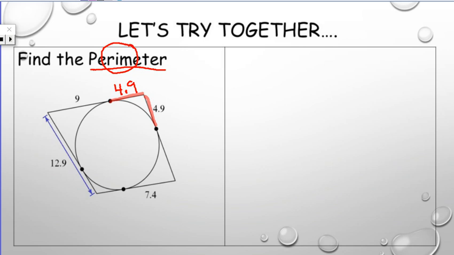All right, so I'm going to investigate the rest of these. I see this is another point of tangency, and this is another point of tangency. So if this piece right here is 9, then this side over here is also 9. So I got that little piece. I have another point of tangency here, and another one here. Well, I don't know what any of these equal, not these two purple ones, but it did tell me that this whole thing here was 12.9. And I know from here to here is 9.